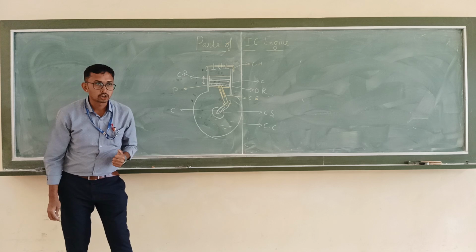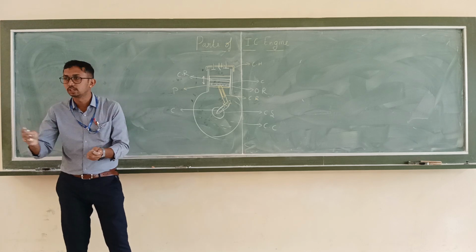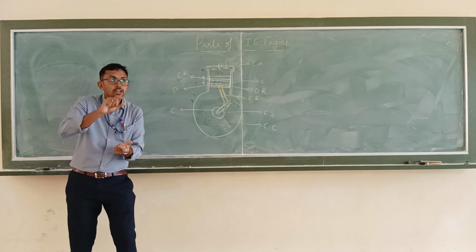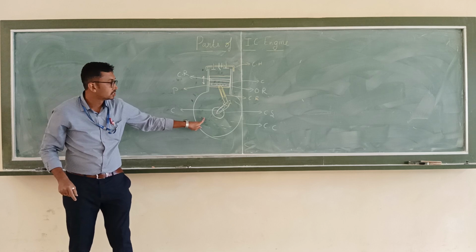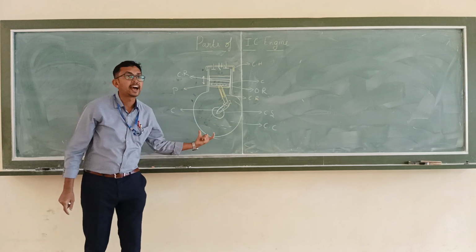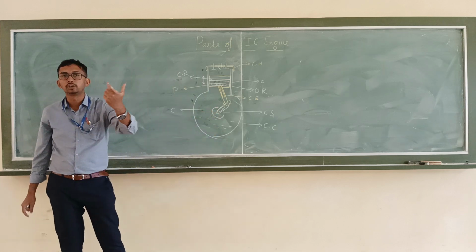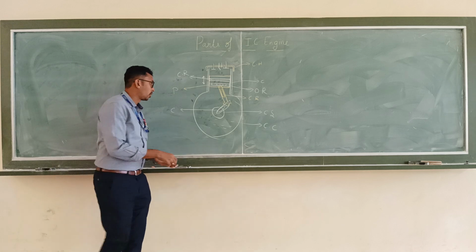You know lubricating oil, right? Every 5,000 or 3,000 kilometers, you change the lubricating oil. Where do you put the oil? You put the oil inside the crankcase. It acts as a reservoir for the lubricating oil. Is it clear?